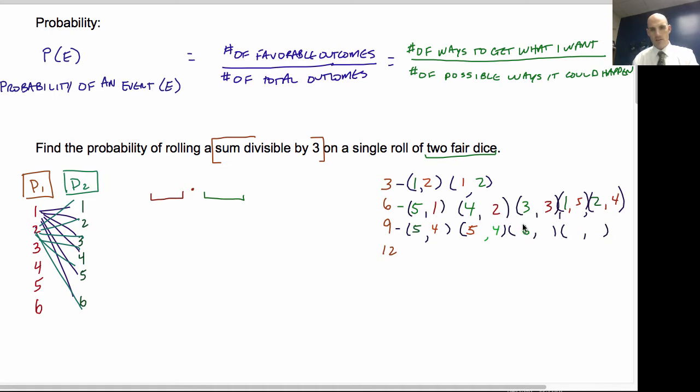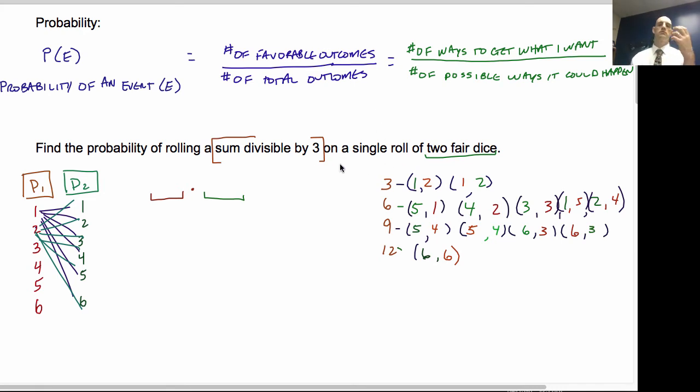So 6, 3, and I could roll a 6 with the red and a 3 on the green. Okay, so there's that possibility. And with the 12, what are the ways to do it? Let me think here. So I could roll a 6 green and a 6 red. But those are the same, whether you switch them around, because if I've got the 6 on the green and 6 on the red, it's the same.